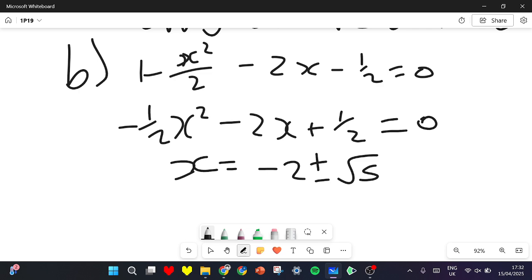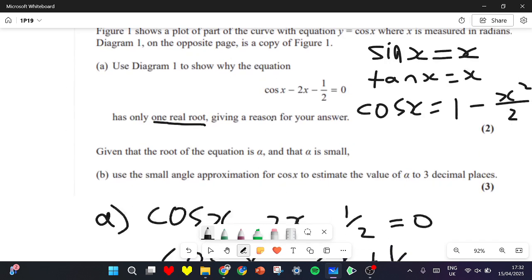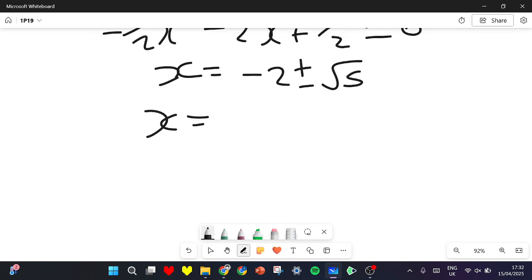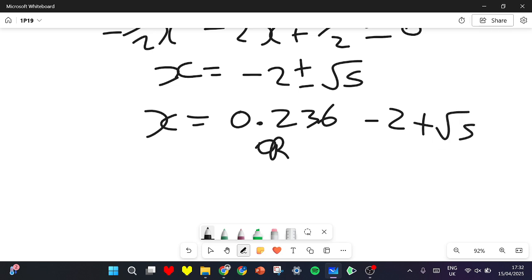And then it said to 3 decimal places, right? So if I convert those, x is equal to 0.236, that's for minus 2 plus root 5, and then for the other one, it's minus 4.236.